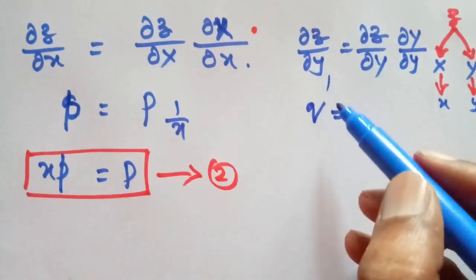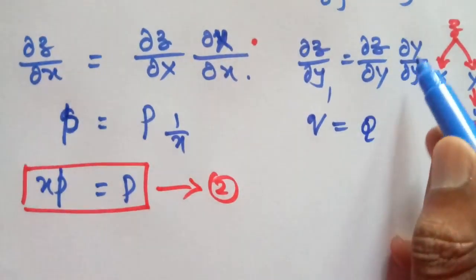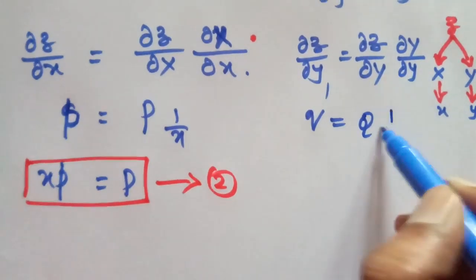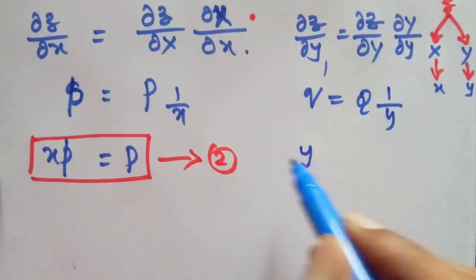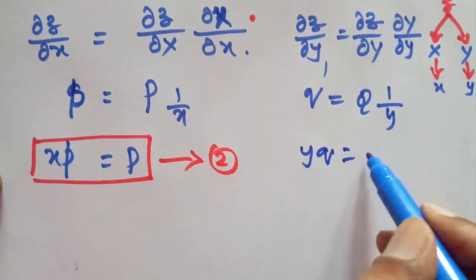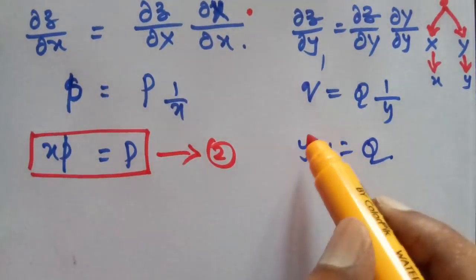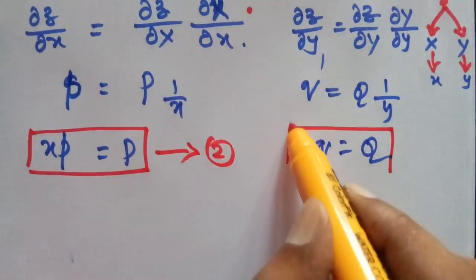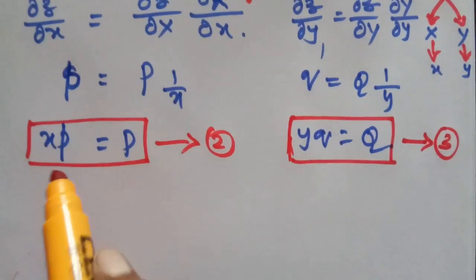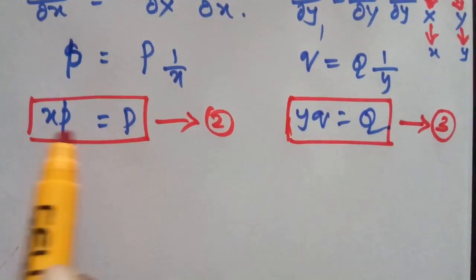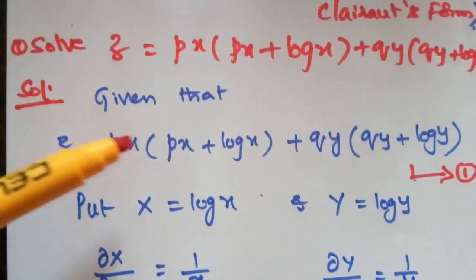We are using this notation from the beginning of the problem, and we are introducing capital Q. Dou Y by dou y is equal to 1 by y. By cross multiplication, y into q is equal to capital Q. Therefore, this is equation number 3.